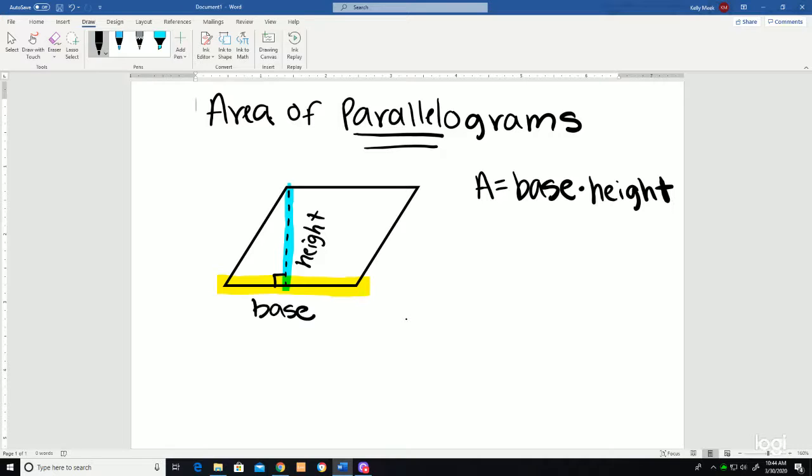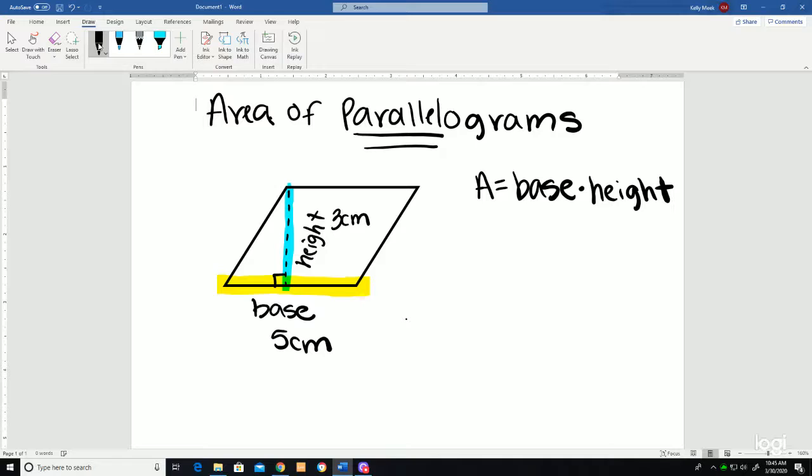So when it talks about the base times the height, we're going to be taking whatever number they give us down here. For example, say they gave us 5 centimeters. And we're going to be multiplying it times the height, whatever number they give us on the straight line, representing how tall this shape is. It has to be straight. So for example, they may give us 3 centimeters.